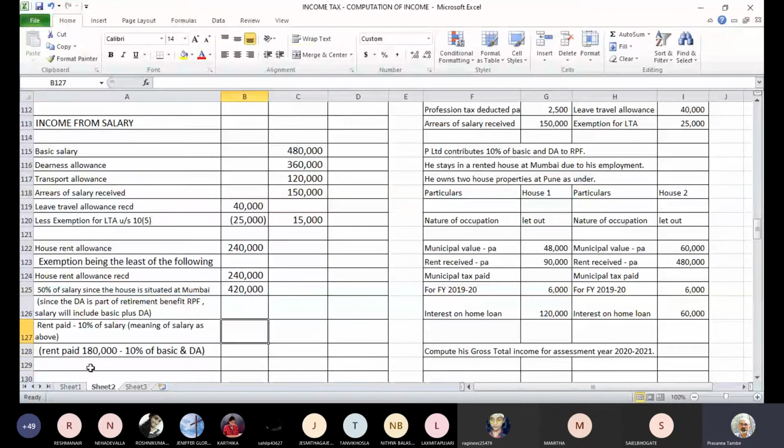Rent paid is 1,80,000. Your basic and DA together is 8,40,000. So 10% of that will be 84,000. So 1,80,000 minus 84,000 is 96,000.